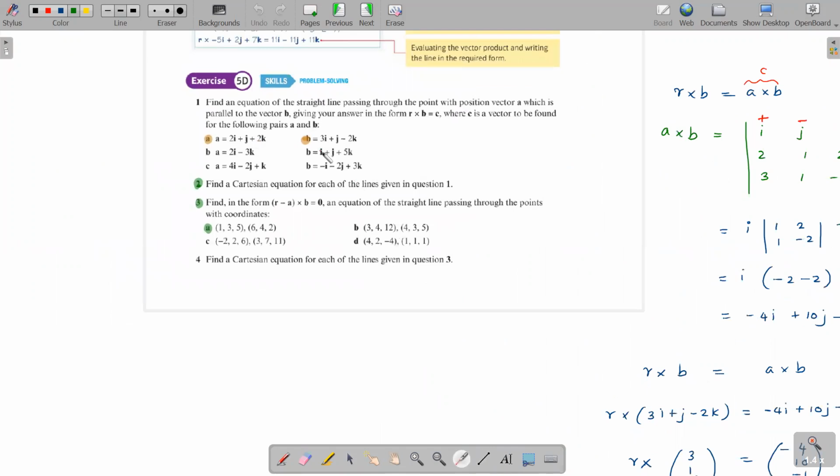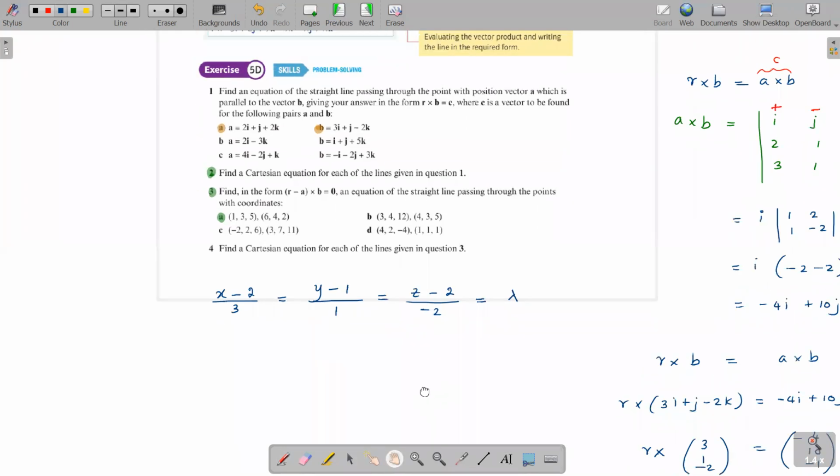The equation is x minus 2 over 3 equals y minus 1 over 1 equals z minus 2 over minus 2 equals lambda. So this is the Cartesian equation.